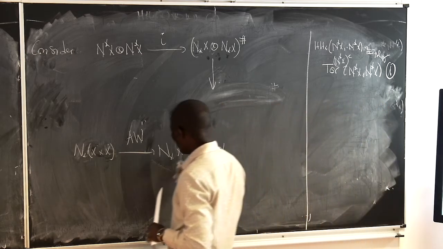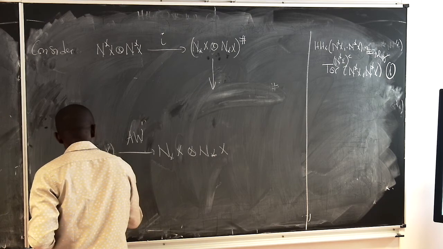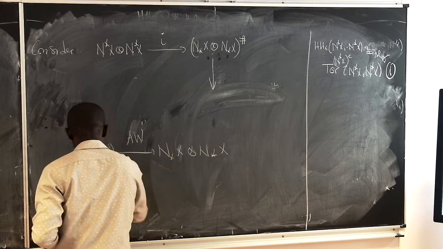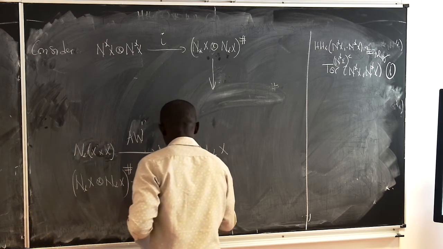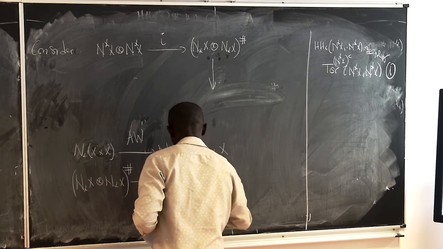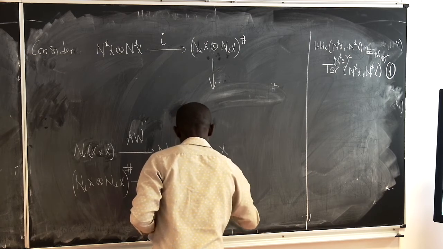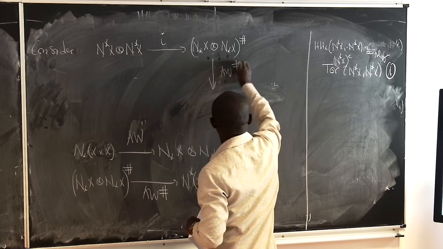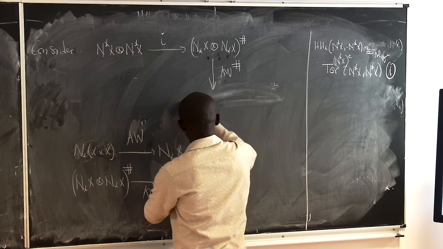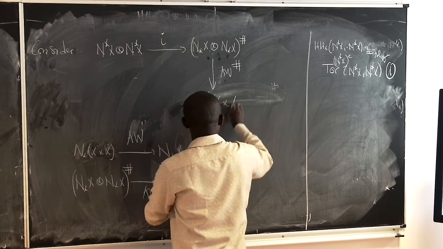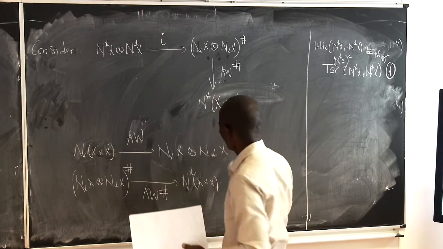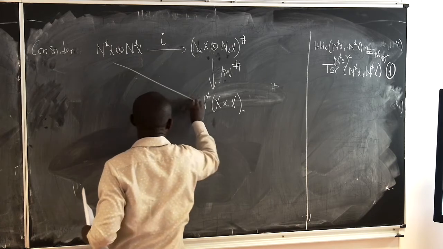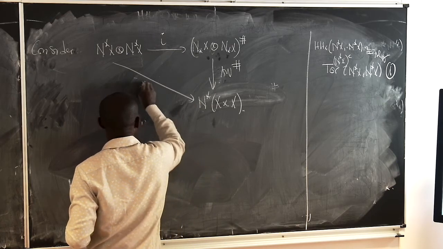So by dualizing this map, we obtain this, and this composite I denote by nu.